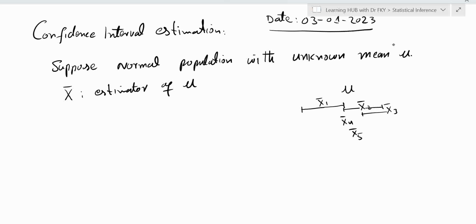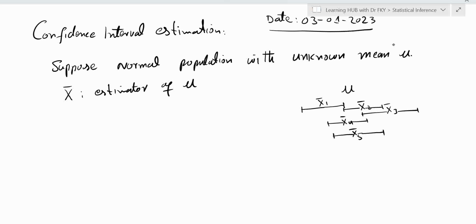Similarly, you can do limits for here, here, here, and here as well. Then you can see that in most of these intervals, the true parameter mu lies. So this means that these interval estimates are better, that with some confidence we can say that the true parameter lies in the range.